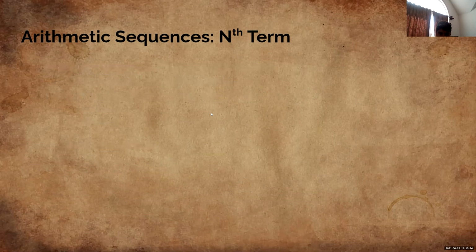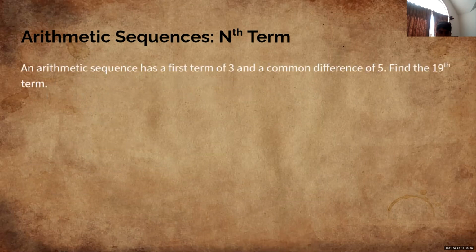So let's go back to the example. Let's try to find the nth term, which in this case would be the 19th term of an arithmetic sequence that has a first term of 3 and a common difference of 5.